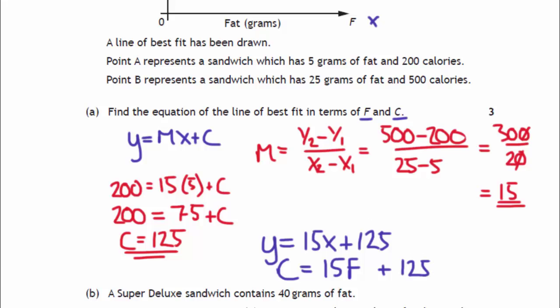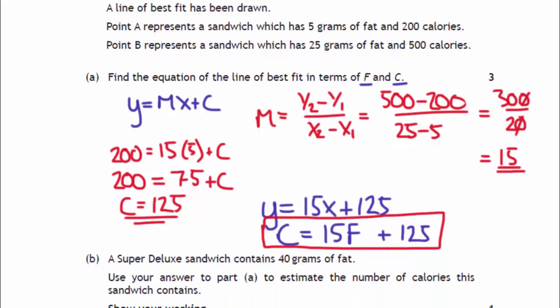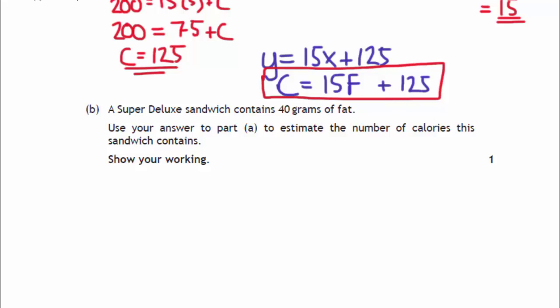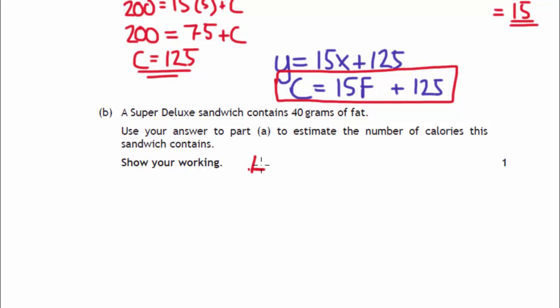Okay, so always remember, if they're wanting it in specific terms, then do that. Okay, but that's your answer there. A fair amount of work for 3 marks, but once you know the technique, that's 3 marks in the bag, as it were.